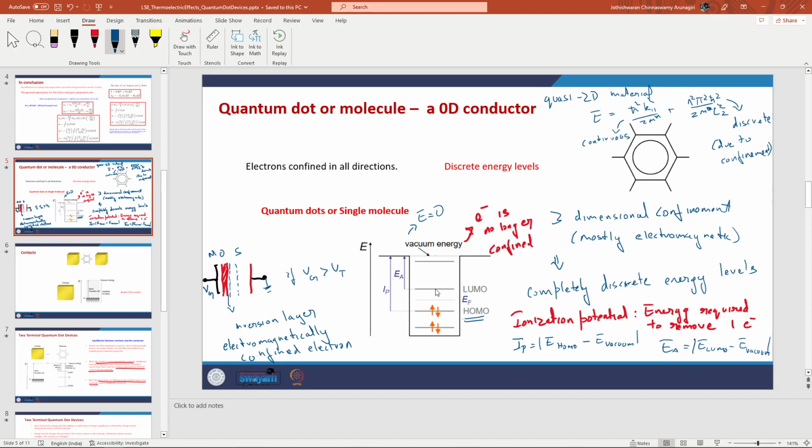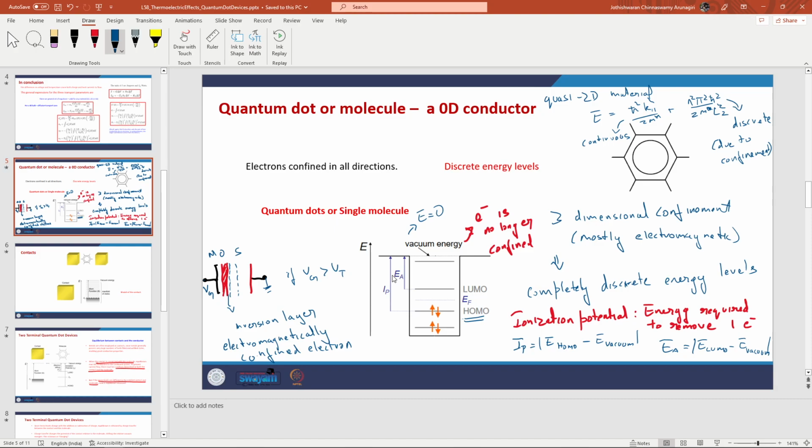Now, why is the electron affinity important? The electron affinity is important because when I want to introduce an electron into the system, I need to be able to supply or remove at least the energy corresponding to EA. And if I want to remove an electron from this system, I need to be able to supply an energy that corresponds to the ionization potential.